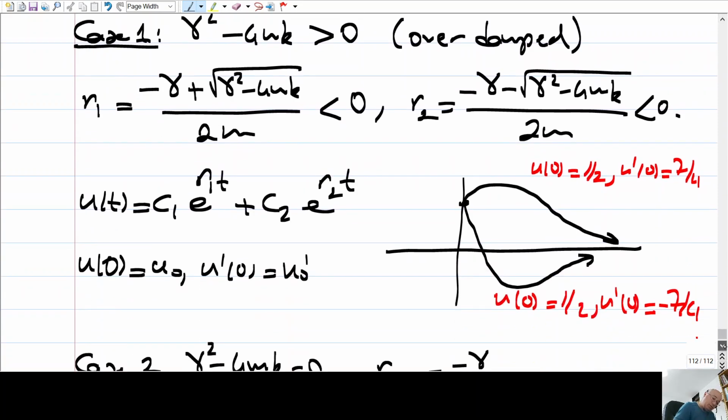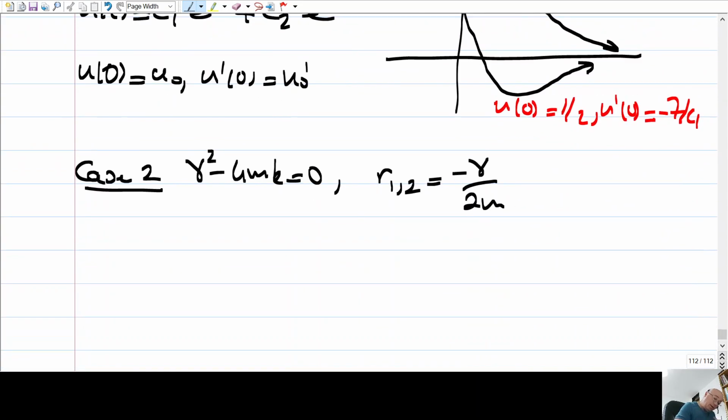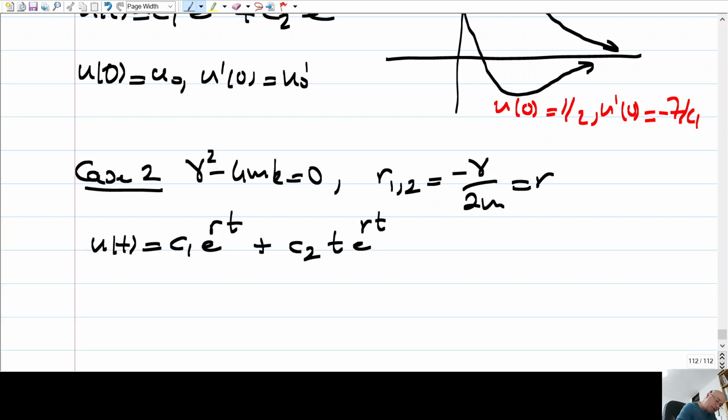Because the square root term is 0. So what are the solutions? One of them is, so u(t) is just c1 times e to the power, let me call this number r, rt. And what about the second solution? Well, since the root is repeated, it is c2 times t times e to the power rt.